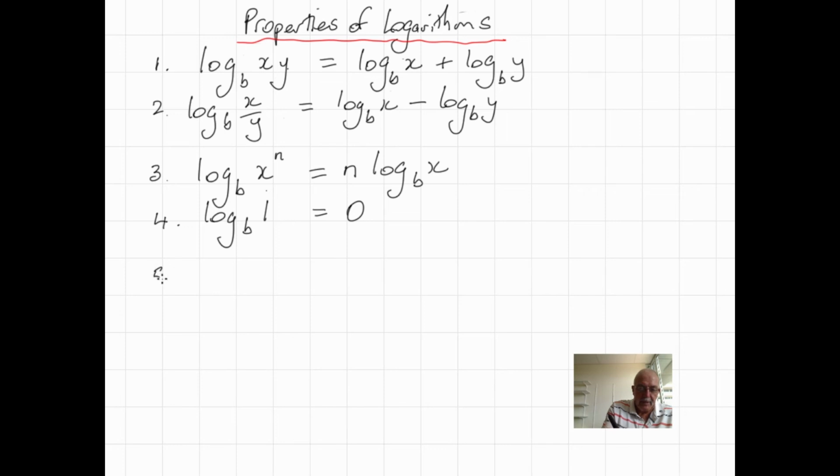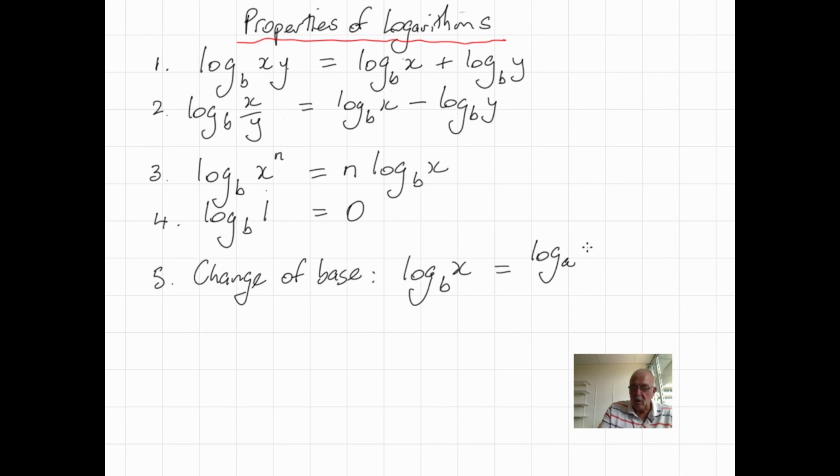And the fifth property is sometimes called the change of base. And that says that the log of x to base b, if you want to change the base to another base, let's say we want to change it to base a, it'll be equal to log of, now the way I remember these is this one here is on top of that, so the x will go on top, over, same base on the bottom, log to base a.